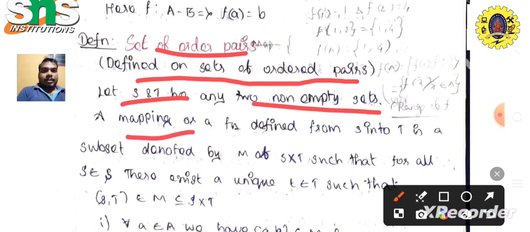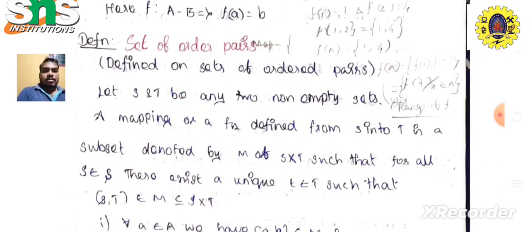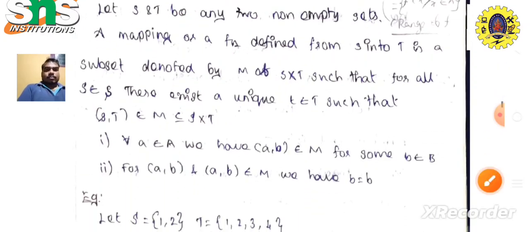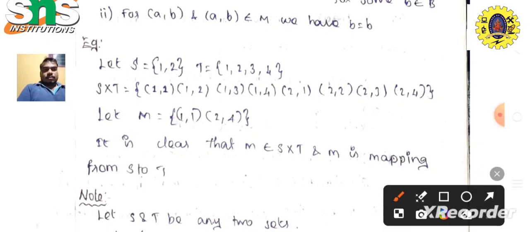A mapping defined from S into T is a subset M of S cross T, such that for all s belongs to S, there exists a unique t such that M is a subset of S cross T. For example, S is {1, 2}.